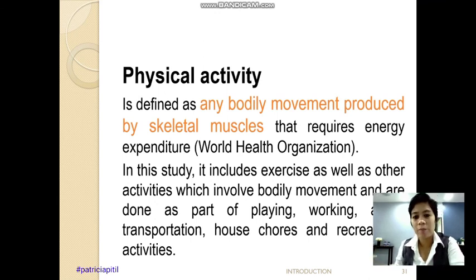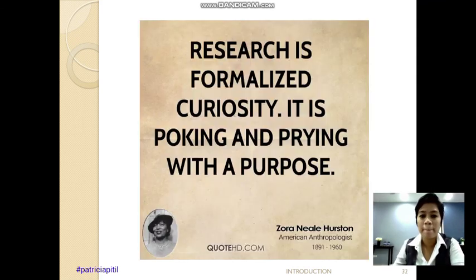If it is activity movement, that WHO is outlining it. But in the study, it includes exercise as well as other activities that involve playing, working, transportation, house chores, and recreation. Define it in your terms of study. It could be something else, but basically, it's always addressing in general what you mean in your study.